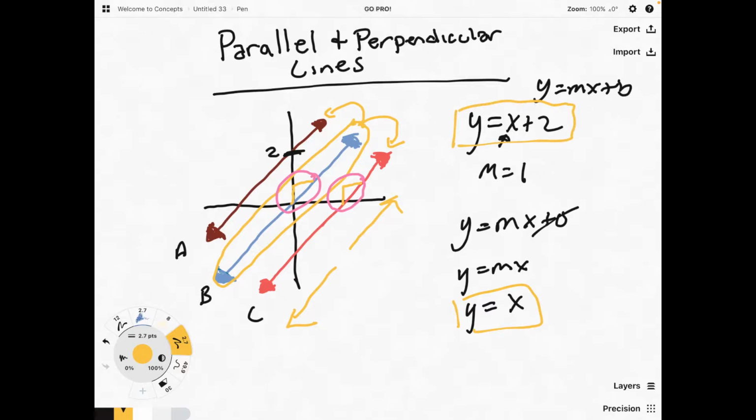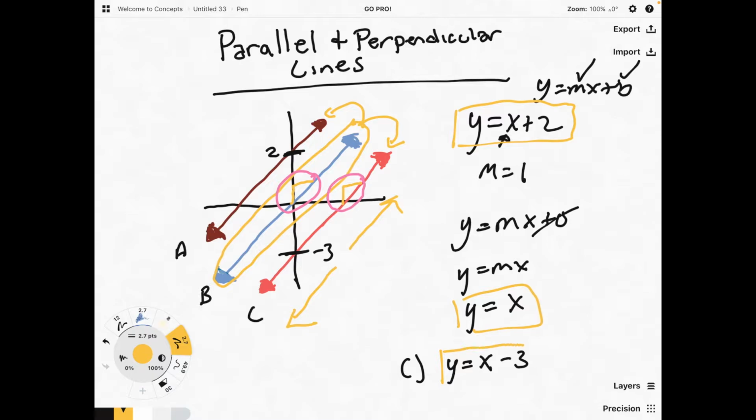If we wanted to, we can go further and use C. All we'd have to do is determine the intercept. And in this case, we're just guessing because we don't actually have enough information, but let's just say it's -3. So if we know that the intercept is -3, which is this point right here, we know the slope and we know the intercept, so we can write the equation for C to say y equals 1 for the slope, x minus 3 for the intercept.